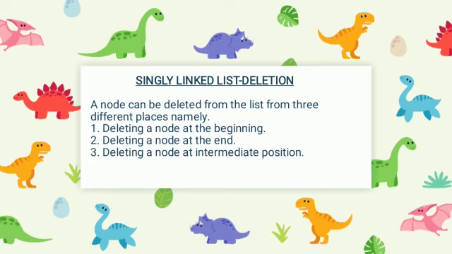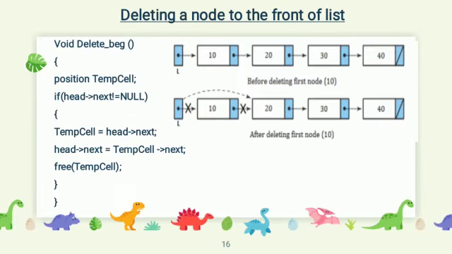Now we move on to the deletion operation. Same as insertion, a node can be deleted from anywhere in the list. First we see how to delete an element from the front of the list. Here we return nothing, so the return type is void.